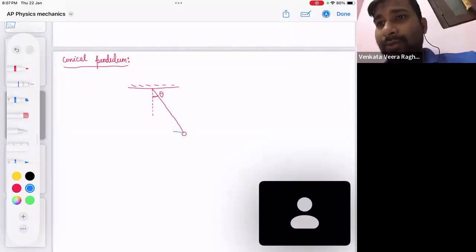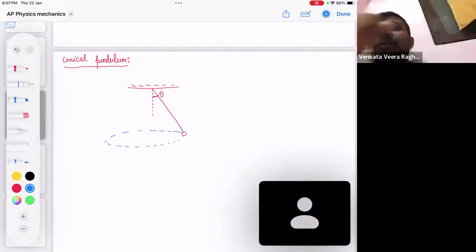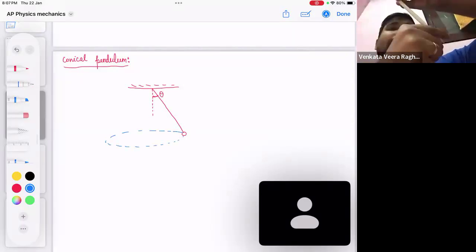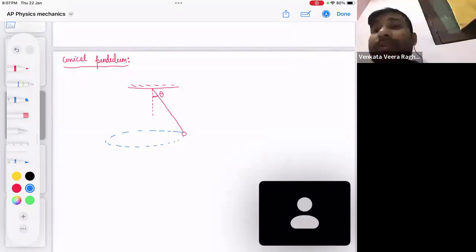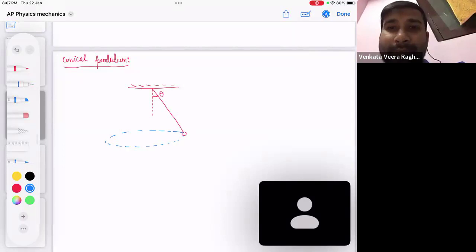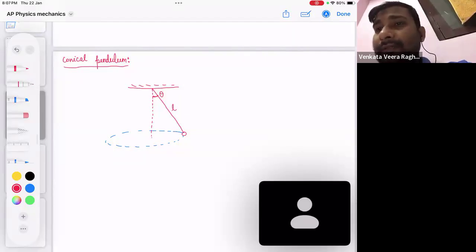The motion of this particle is in the horizontal plane. Understood? This is a kind of pendulum moving in a horizontal plane. Now in this question they are asking, let's say the length of the pendulum is L, what is the velocity of the pendulum, and what is the time period of this conical pendulum motion? Understood?